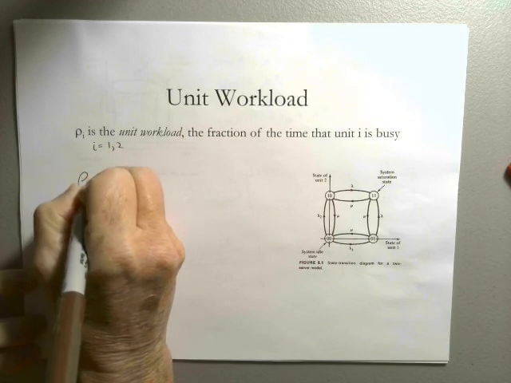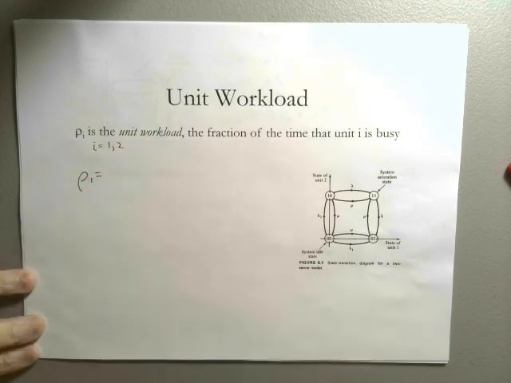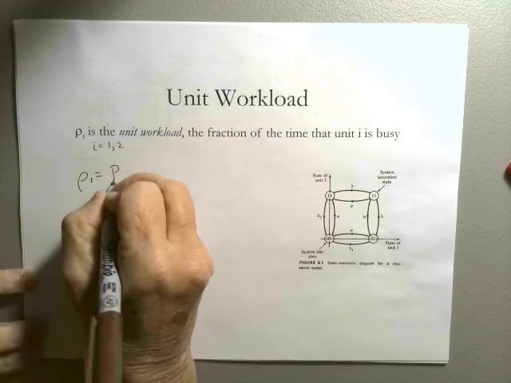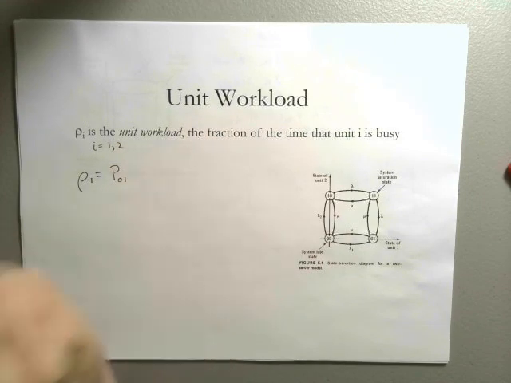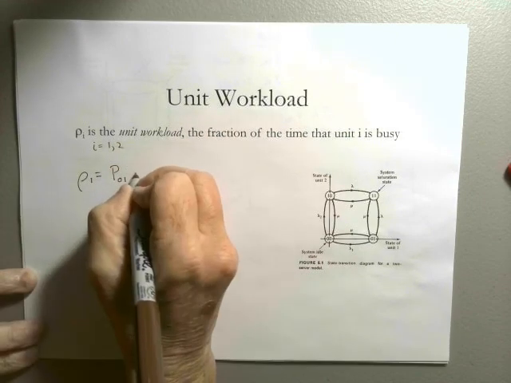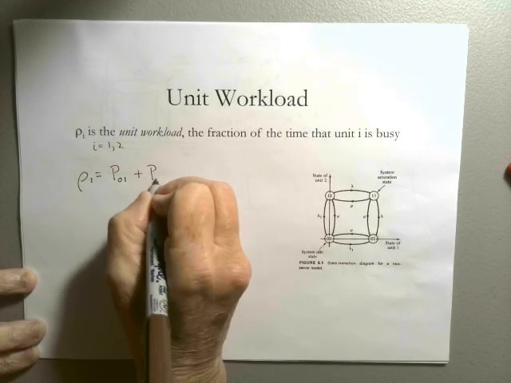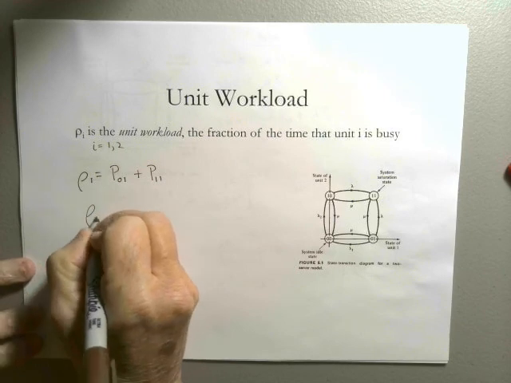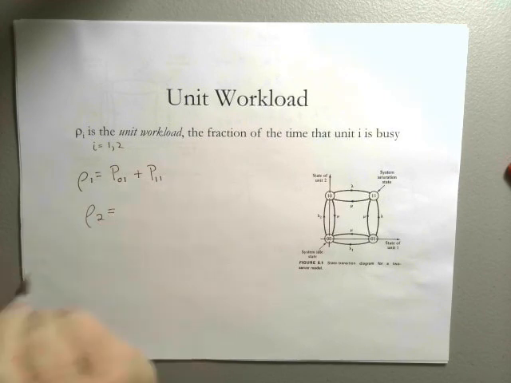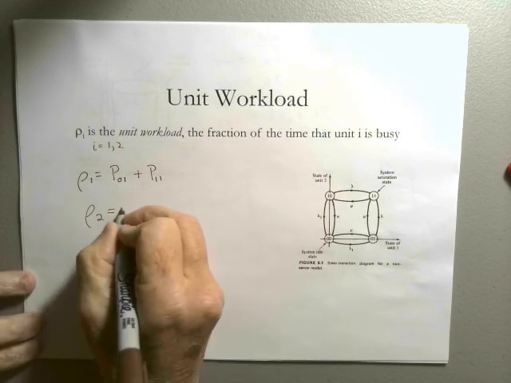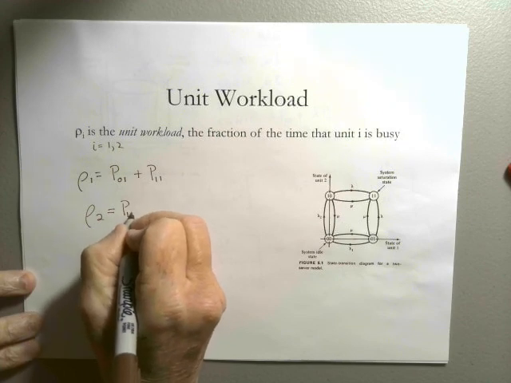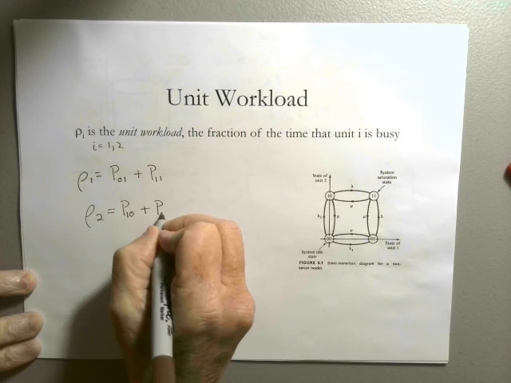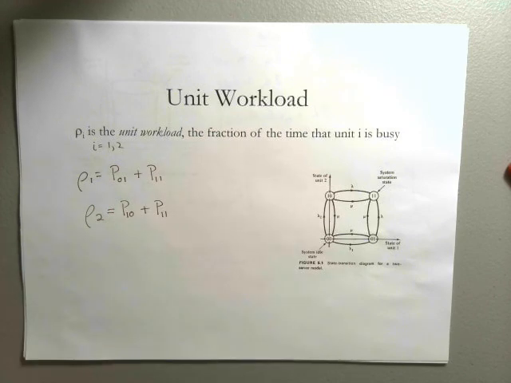So the fraction of time that unit 1 is busy is going to be the probability that unit 1 is busy and unit 2 is not, plus the probability that unit 1 and unit 2 are busy. And then similarly, the unit workload for server 2 will be the probability that just server 2 is busy, but also the probability that server 2 and server 1 are busy.